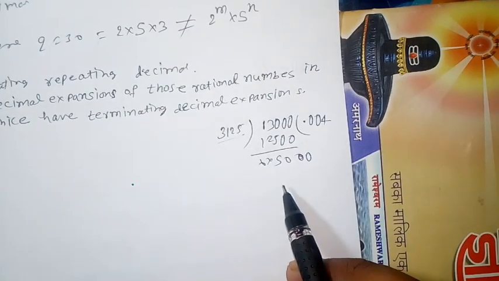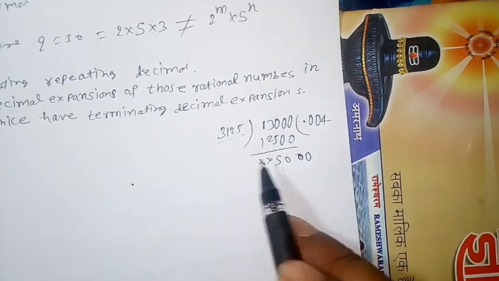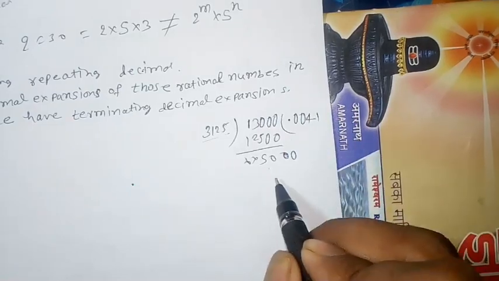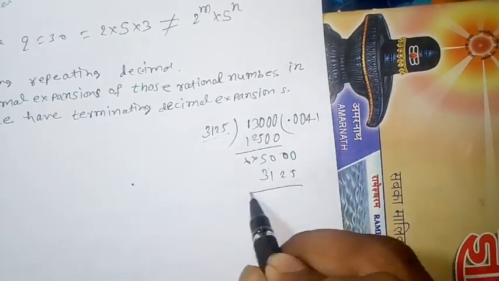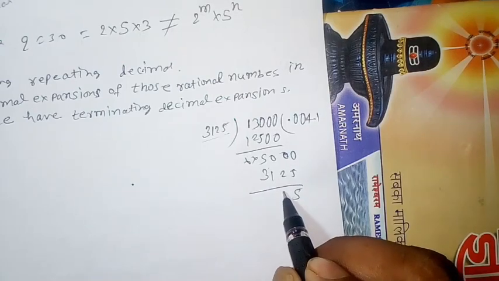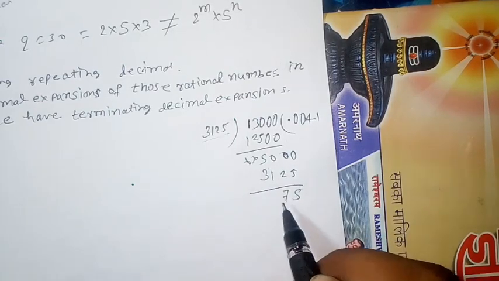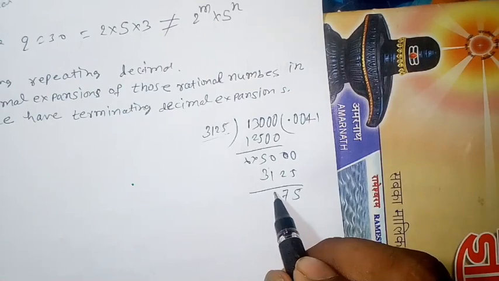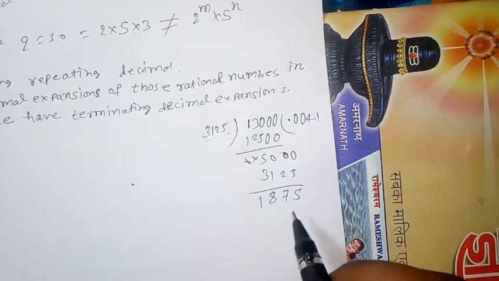Again 5000, here 3000, 1 times 3125. Then I get 5781.